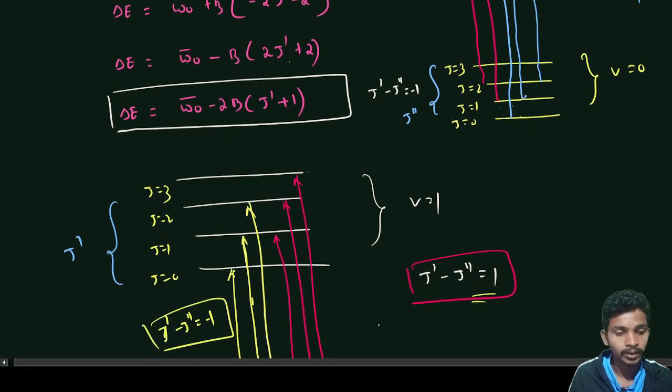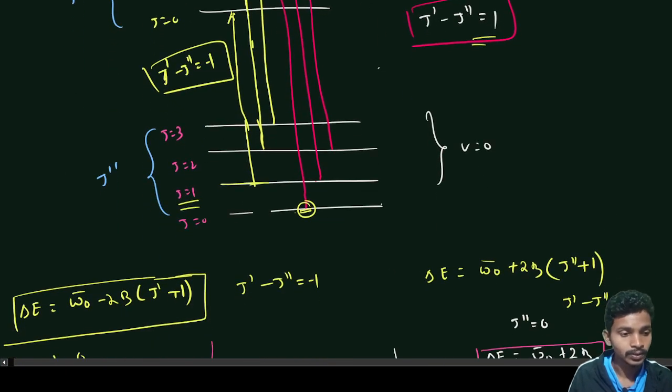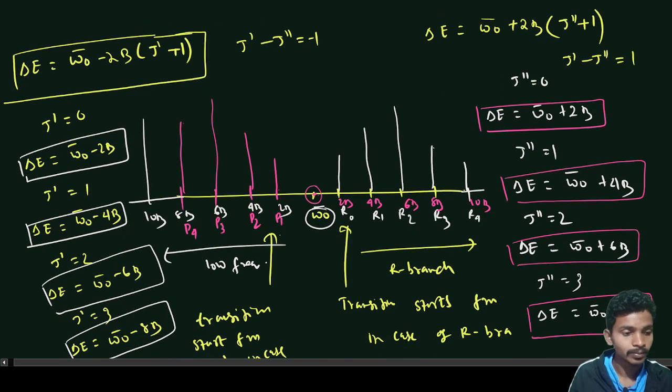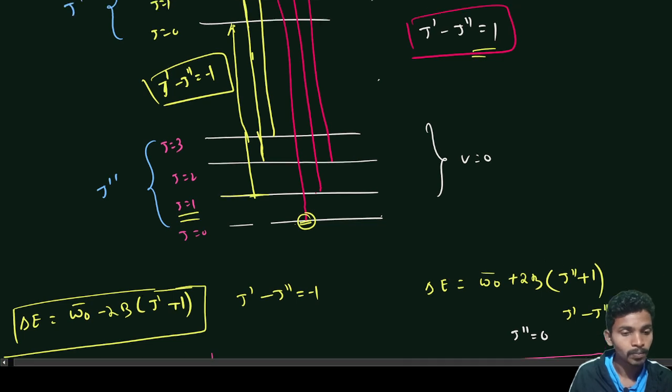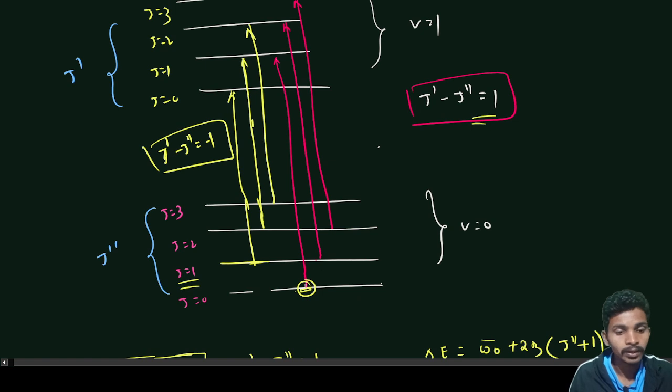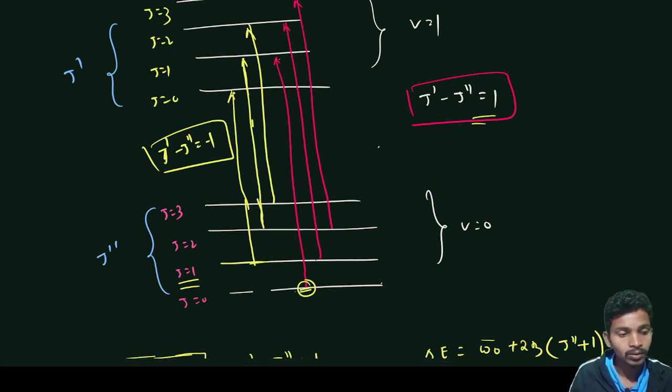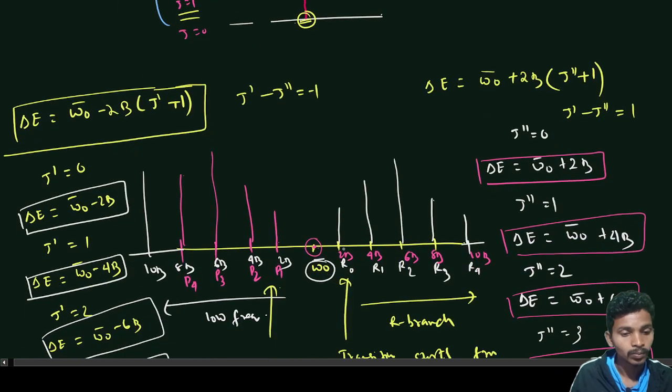So why is the transition not happening at omega naught? Because the transition is happening from 0 to 1. For the transition to happen at omega naught, what is needed? Here we should get omega, or here also we get omega. How do we get omega here? Omega naught plus 2b, J is plus 1.